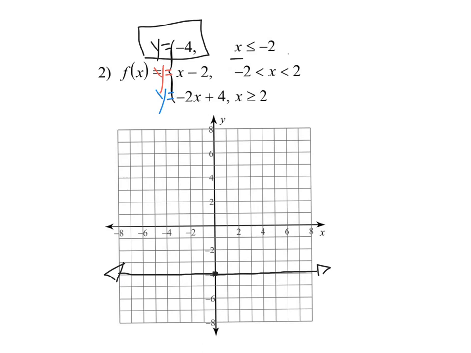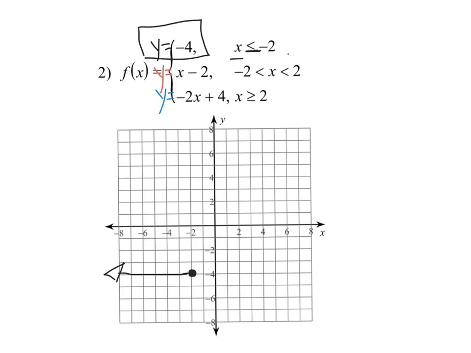I just want the portions that are less than or equal to -2. So I'm going to go ahead and find my x is -2 here. And all those values are greater than. So I'm going to get rid of them. Since it's an or equal to, I should have a solid circle. And then that is all the values where y equals -4 for x less than or equal to -2.